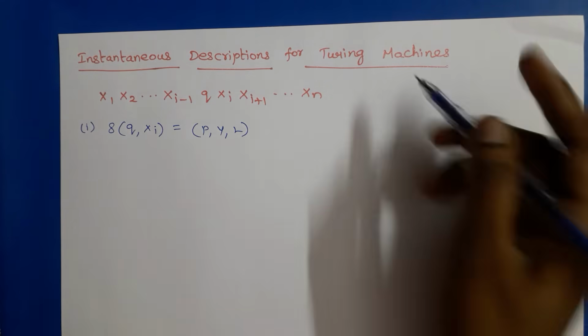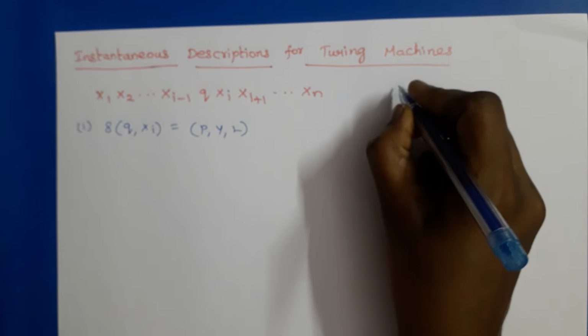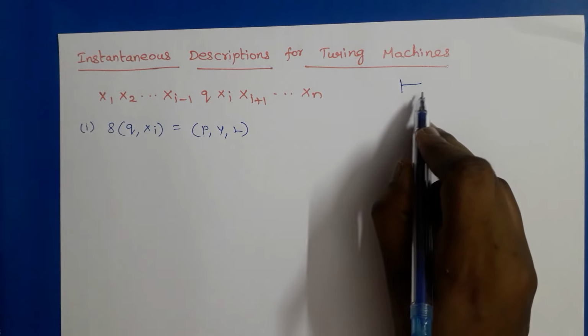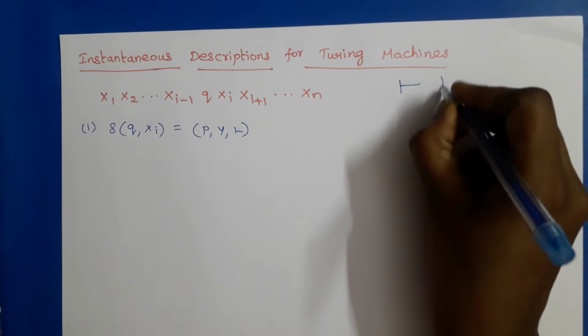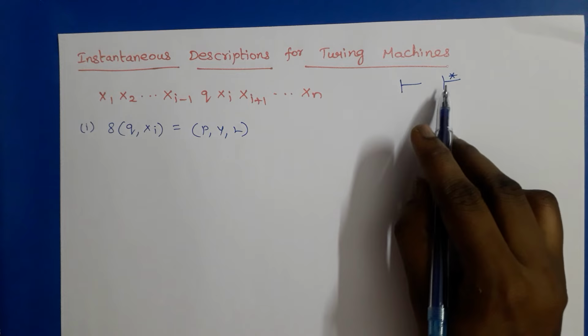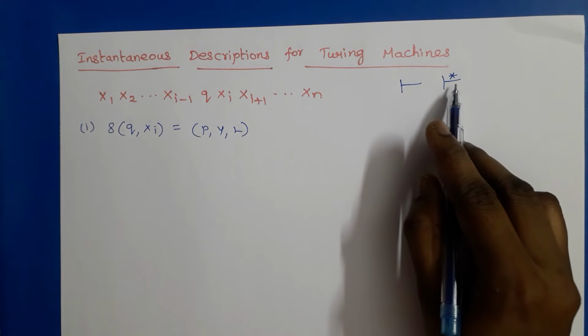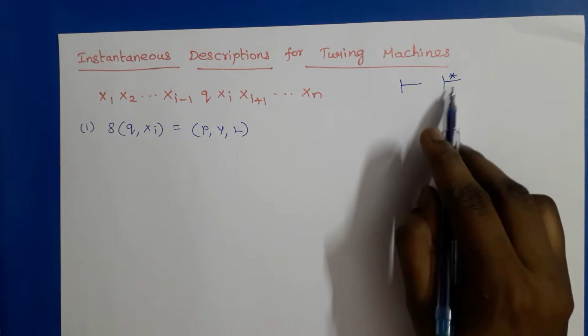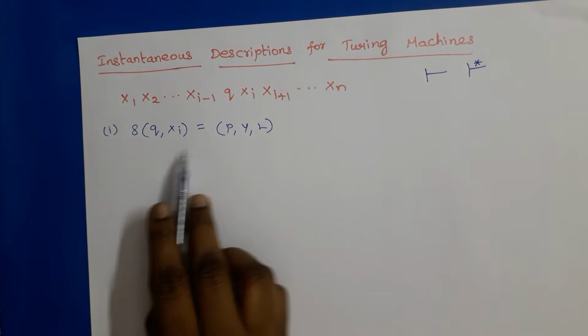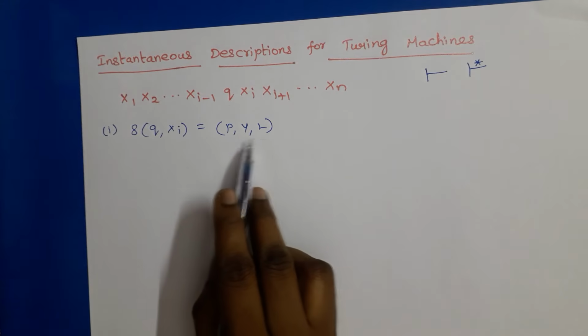And to represent the instantaneous description or move of the Turing machine, we need to use the turnstile notation. It represents a move in one step, and if we place a star above the turnstile notation, it represents moves in 0 or more steps. So δ(q, xi) = (p, y, L).